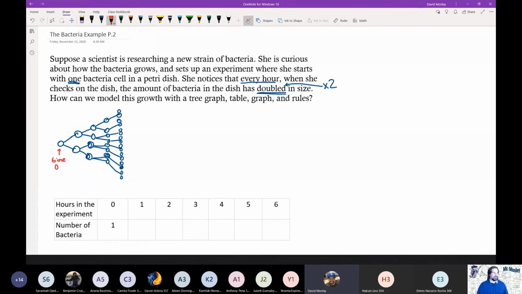It's our starting point. Right, so then this next level in here is our time 1. Right, time is 2. Time is 3. And then time is 4.